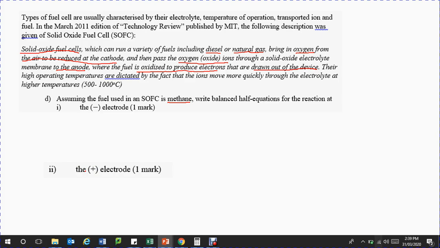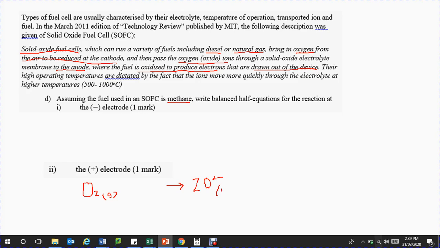It told me at the beginning that it brought in oxygen from the air to be reduced at the cathode. So I know that my oxygen gas is coming in and is going to be reduced to my oxide ions.